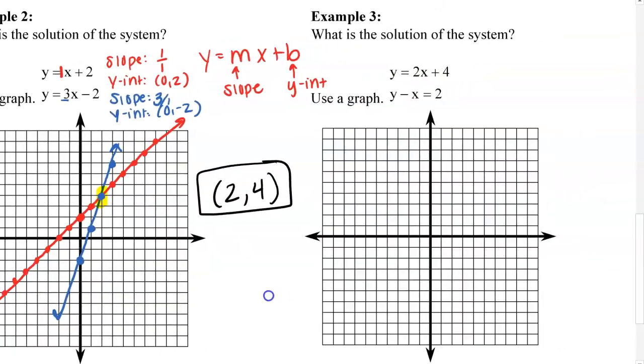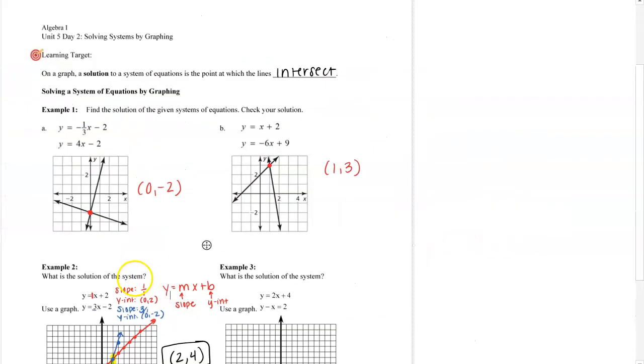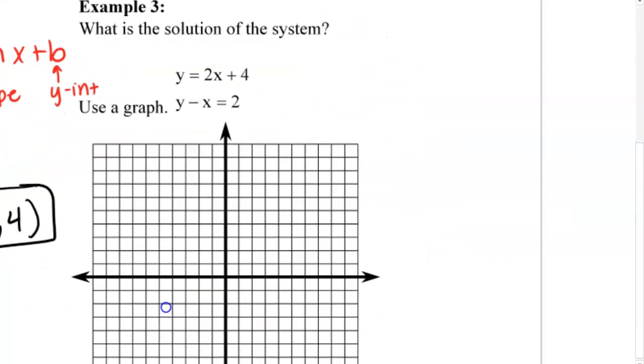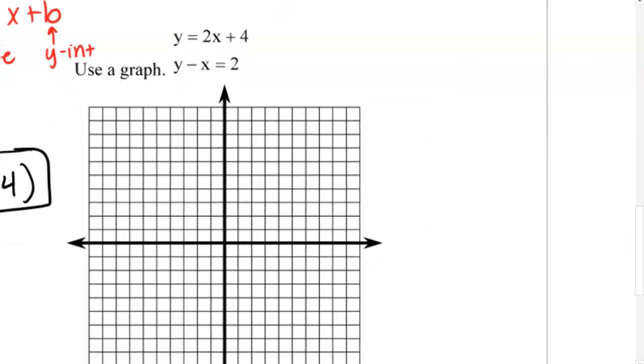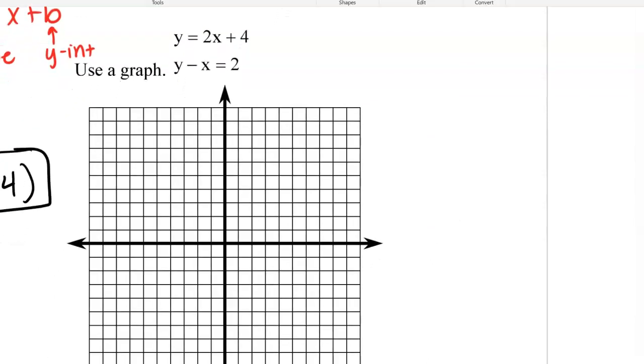Now occasionally, our equations will not be written in slope-intercept form. So for the first one, we're lucky that it is in slope-intercept form. I can see my slope, the number in front of the x is 2, or 2 over 1. My y-intercept is 4.